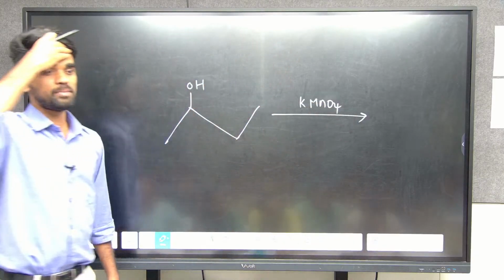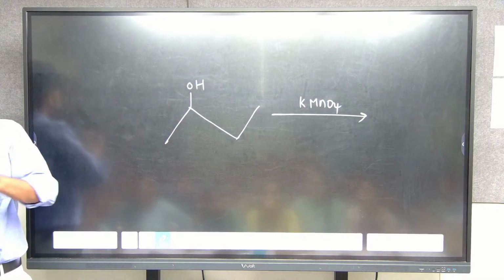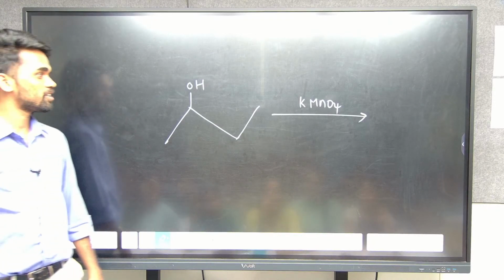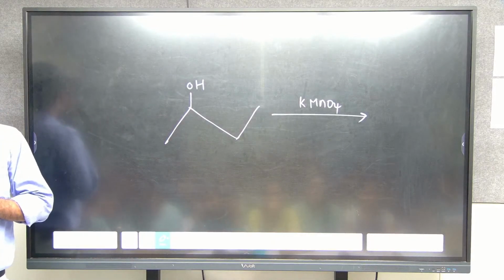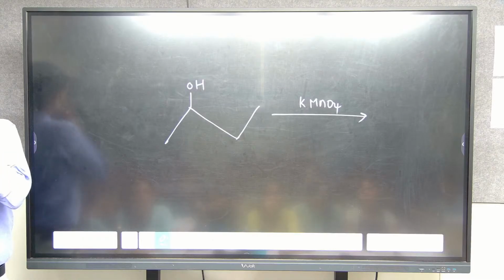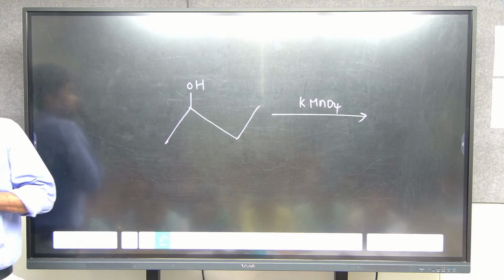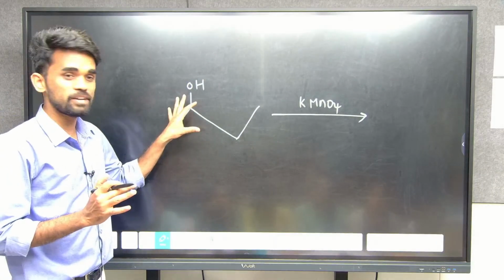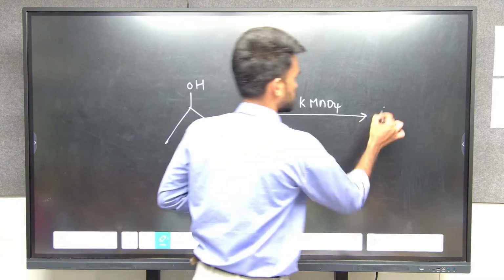So what is the product formed? Tell me. Fast. Ketone, that's it. Just identify the alcohol type and answer the product, that's it.